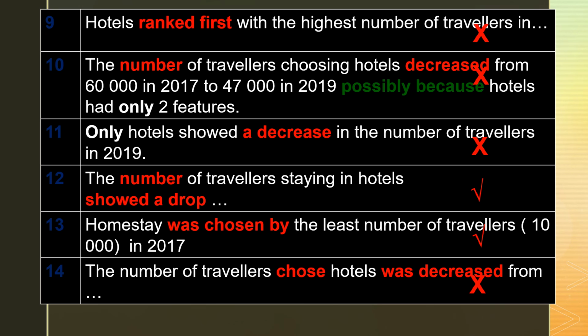Okay, the number of travelers choose hotel was decreased from, you cannot use passive form, was decreased. Remember this is in passive form, you cannot construct an analysis like this.